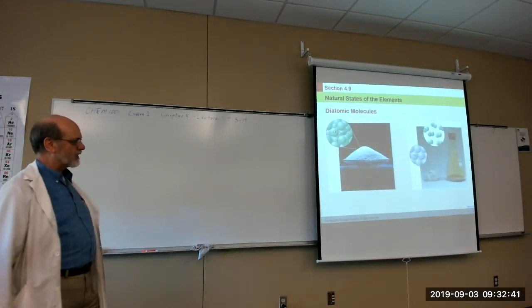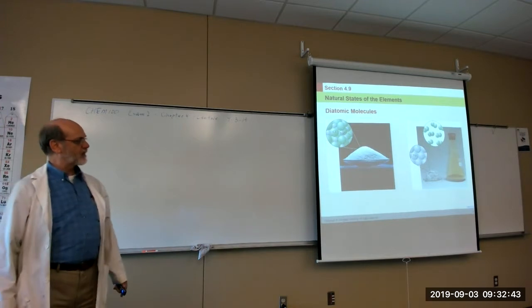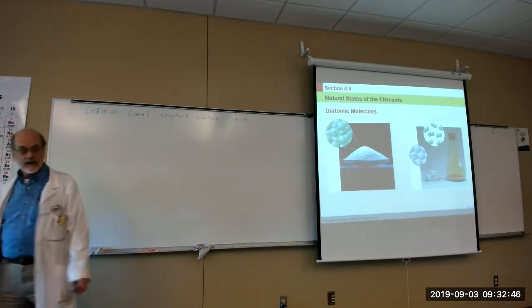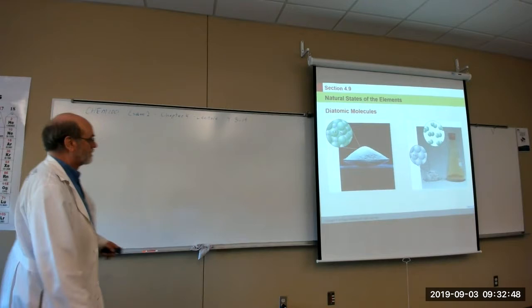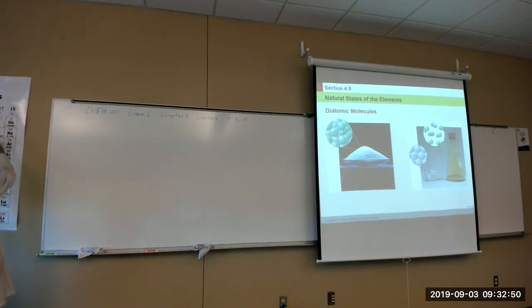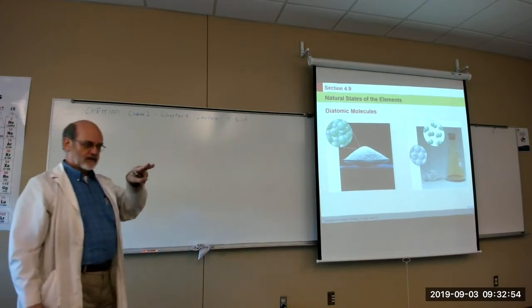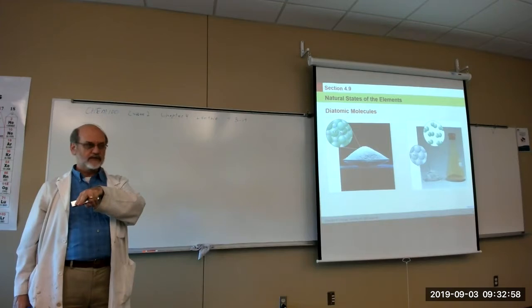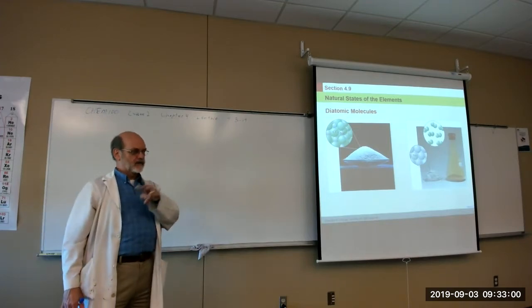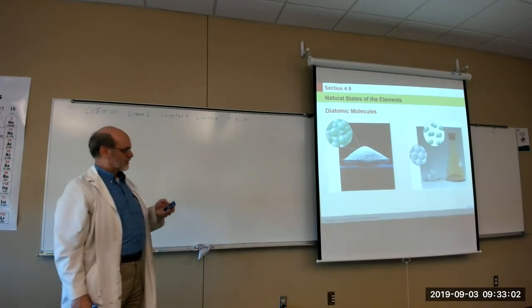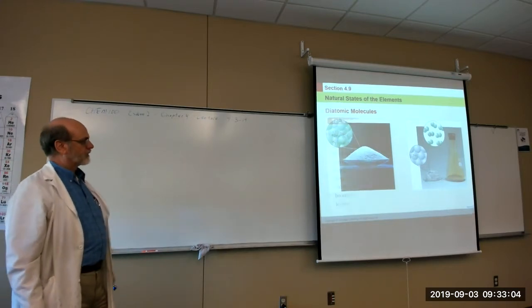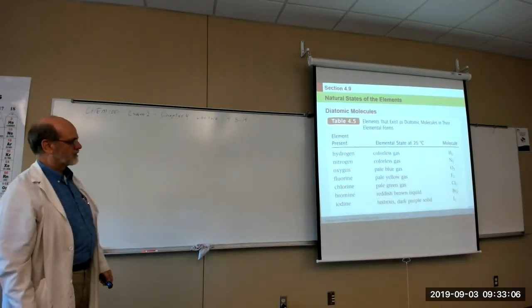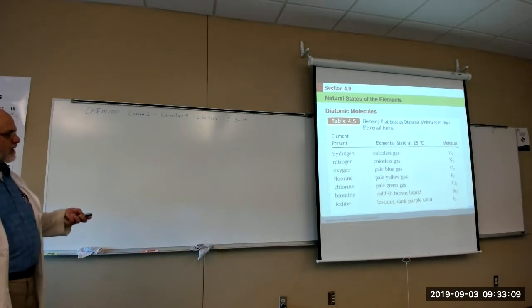Okay, diatomics. The diatomic elements are the ones I showed you. Diatomic molecules means that there are two atoms in the compound, like sodium and chlorine, table salt, sodium chloride. So that's a diatomic. That's two atoms. So these are your diatomic elements.